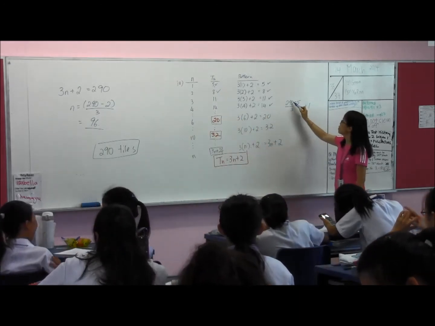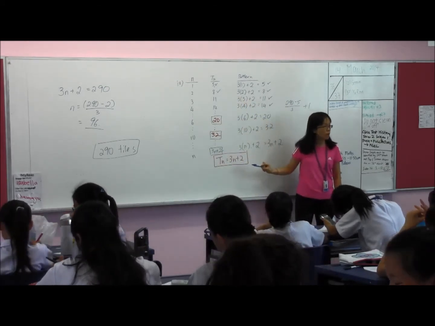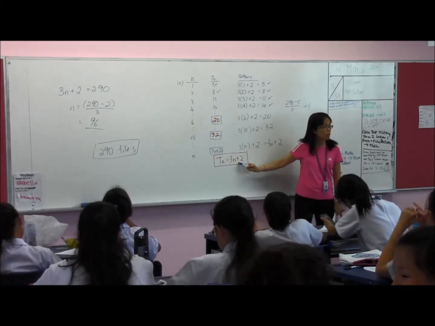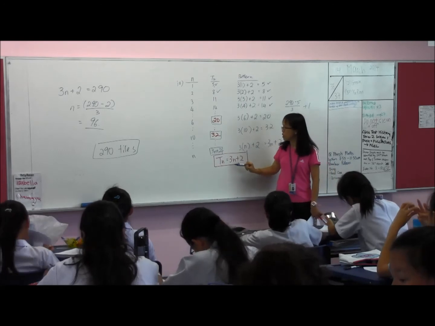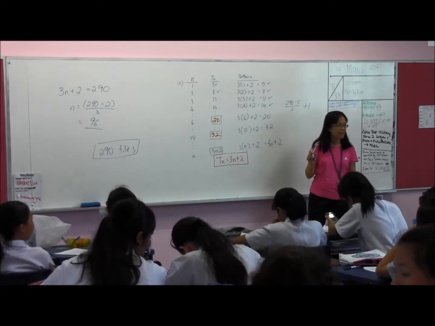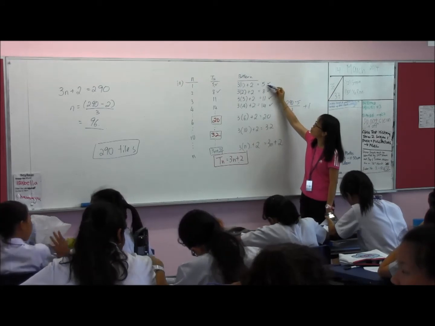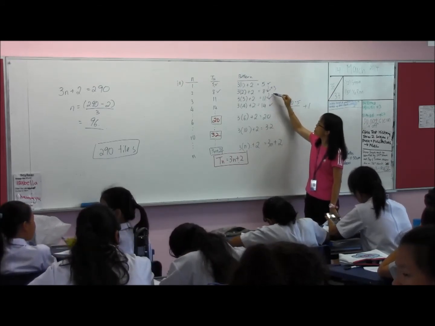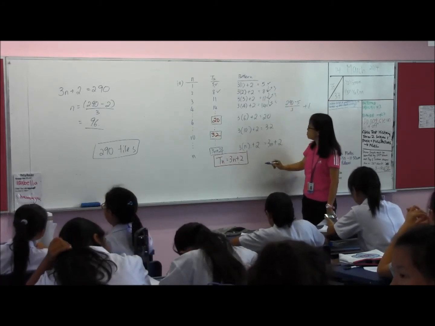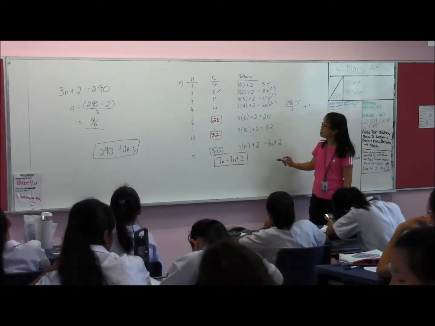Look at the first one, then it's a formula. What's the formula? The number of tiles minus the first number of tiles, divided by 3, then plus 1.